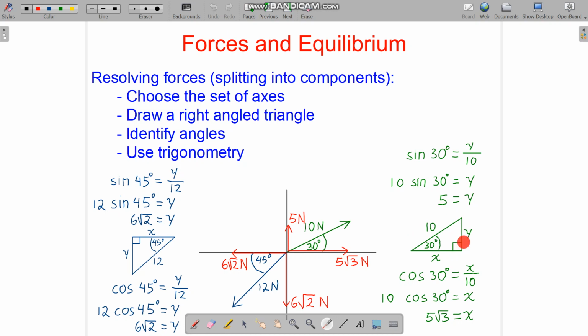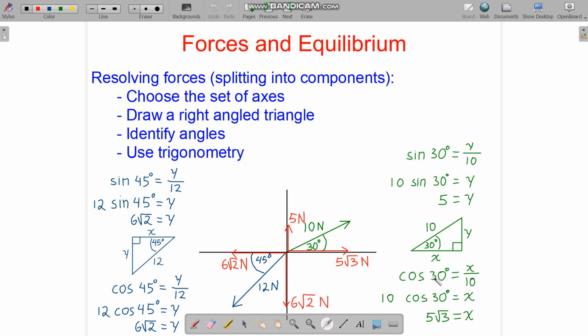Label the height of the triangle y, the base x, and from the definition of sine, opposite over hypotenuse, after multiplying by 10, we get y equals 10 sine 30 degrees, which is 5 if you use a calculator. So y is 5, so that's why we have this 5 newtons.